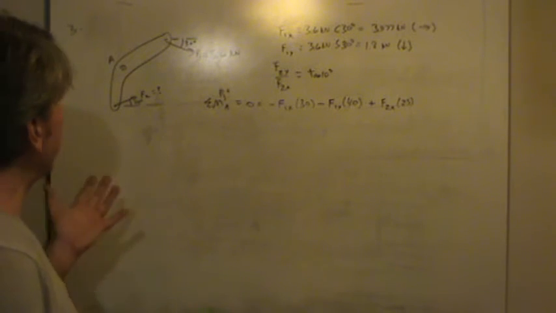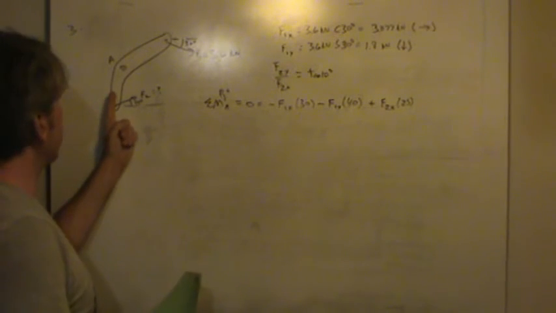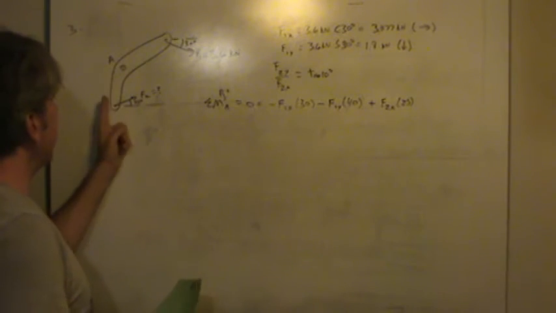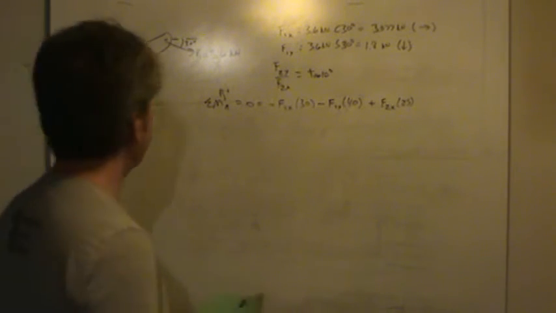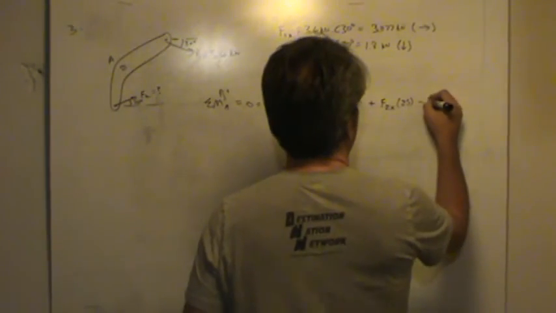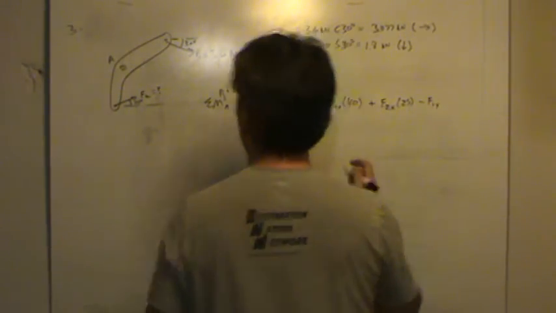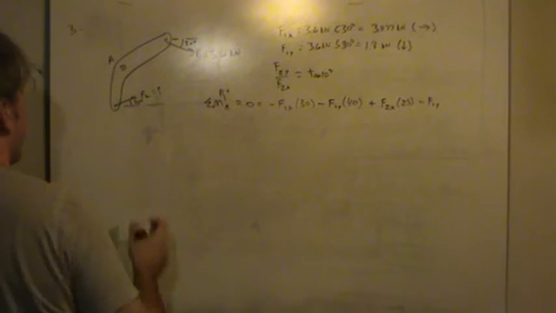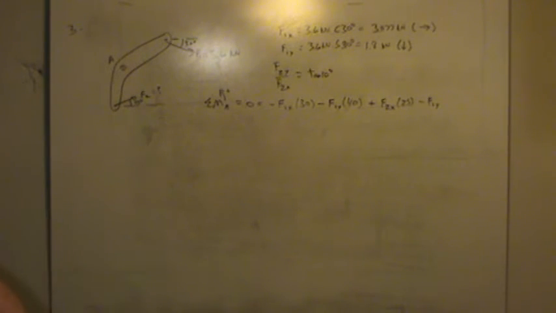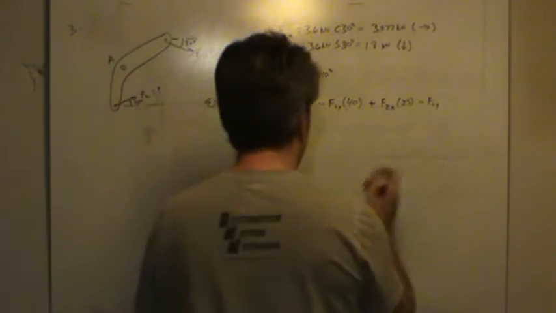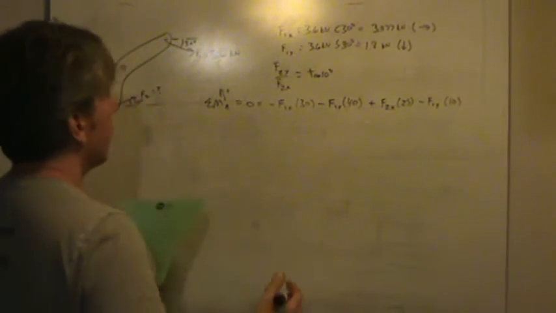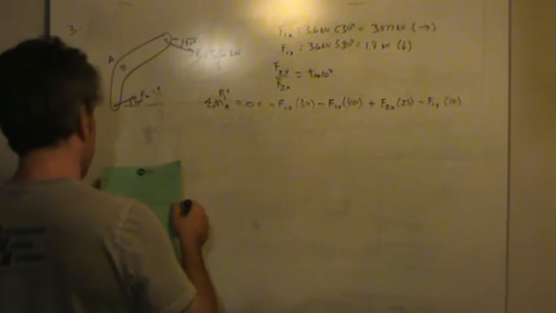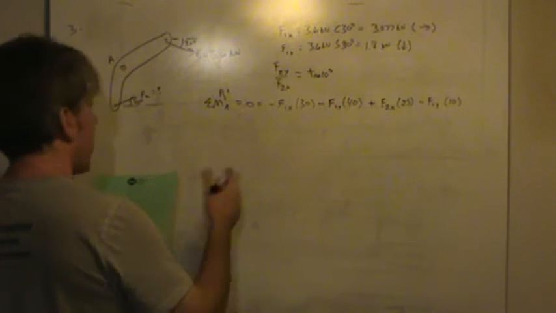Anyway, the y component is up, and notice it's to the left of A, so it is also going to cause a negative moment. So we have to say minus F2y multiplied by the distance horizontally from A over to the point of application of force 2. Looks like that distance is 10 millimeters, and that is what I used here. Good. Okay, so now the thing to do is to solve for F2.